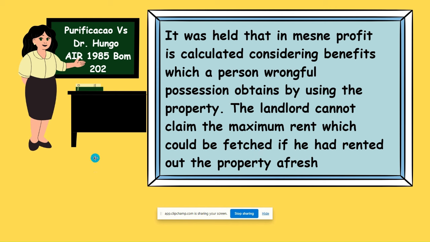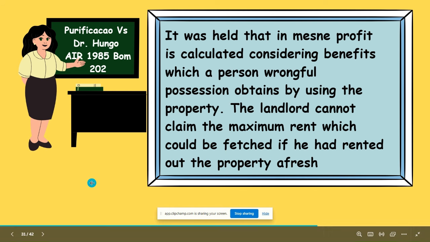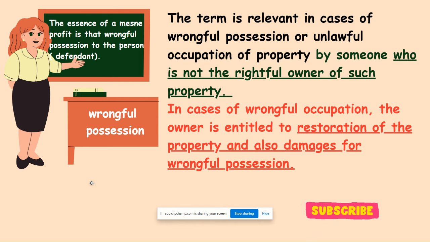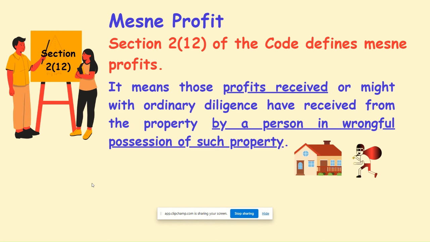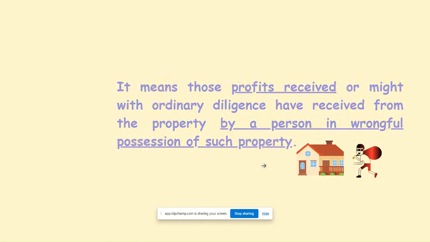But the point is that it is calculated considering benefits which a person in wrongful possession obtains by using the property. This is so far as the mesne profit is concerned. So what we can see is that it means those profits received by a person in wrongful possession of such property. This is called mesne profit.